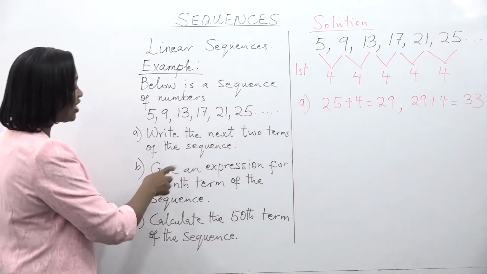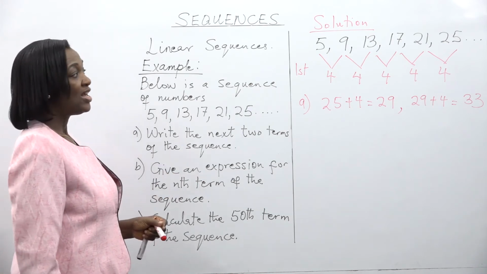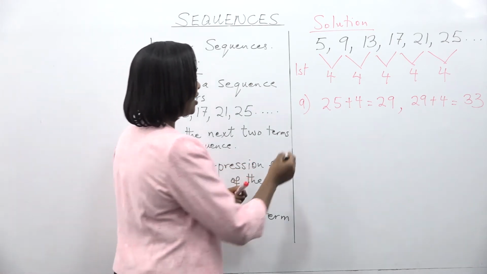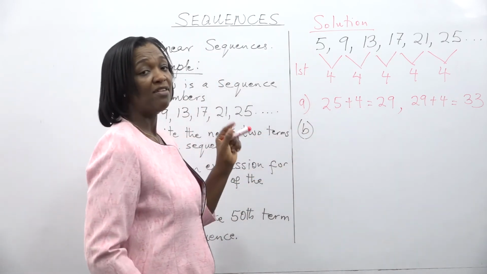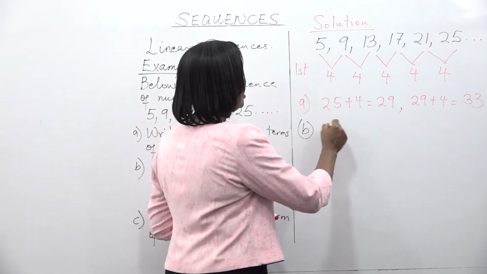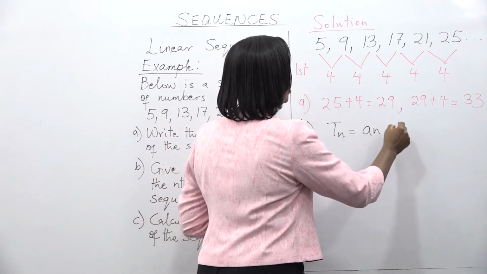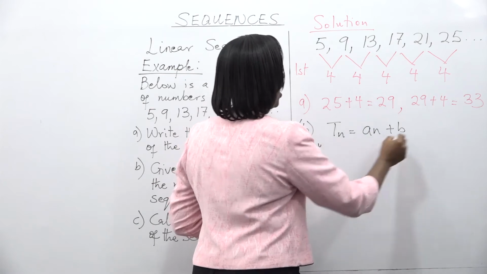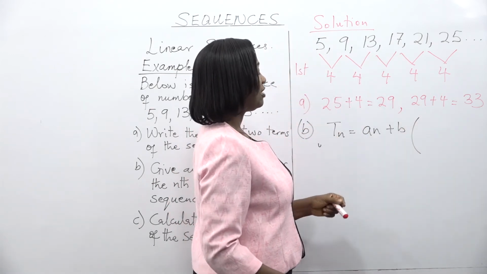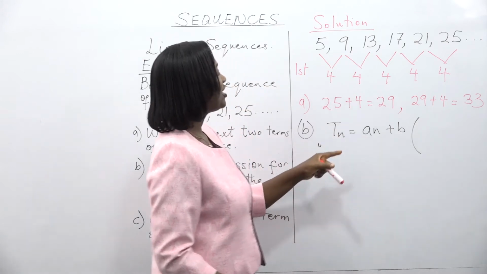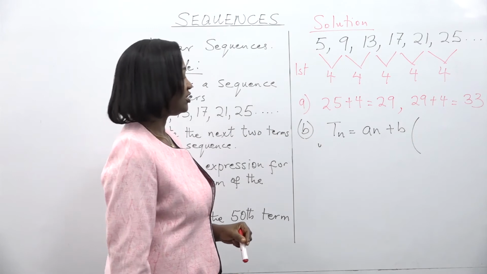Then B, give an expression for the nth term of the sequence. B, the formula for nth term when you have a linear sequence is Tn is equal to an plus b, where a is the common difference, n is a term, and b is the difference between the first term and the common difference.